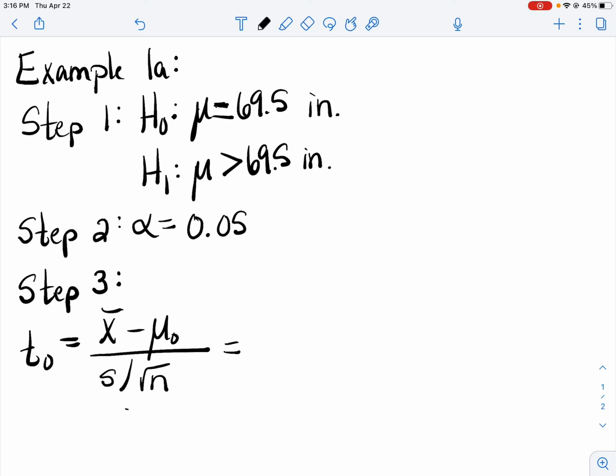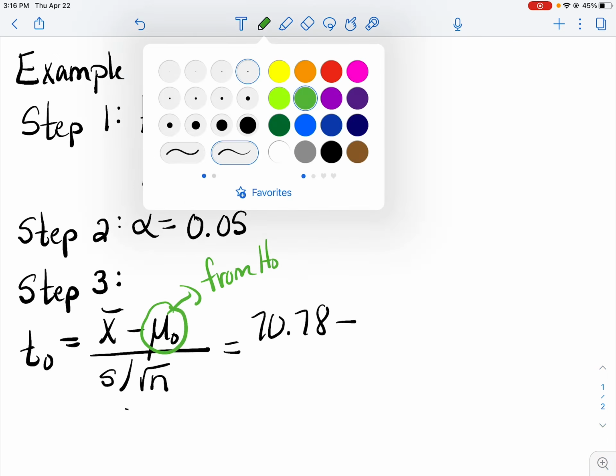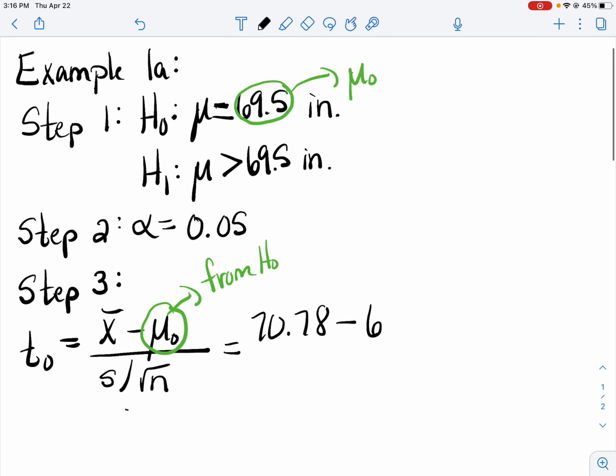Our X bar, the mean heights of U.S. presidents, was 70.78. Mu naught comes from the null hypothesis. And so mu naught here is 69.5. Our standard deviation is 2.77 divided by the square root of n, and n here is 43.